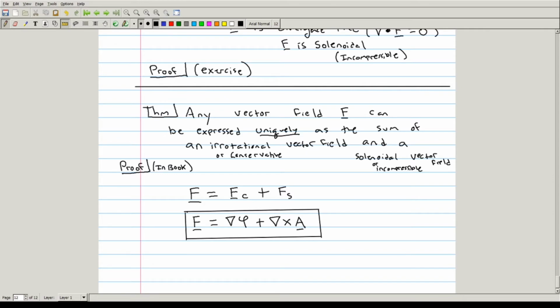They in many cases simplify physical computations involving any given vector field.